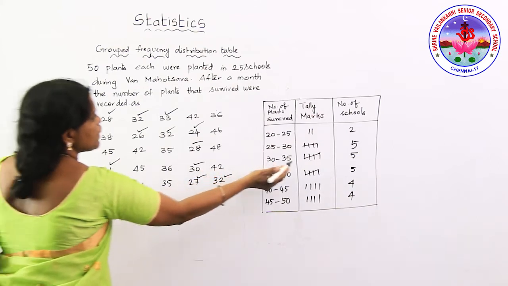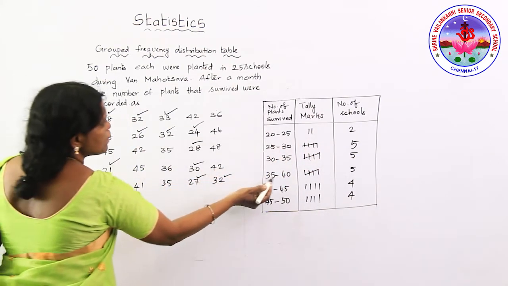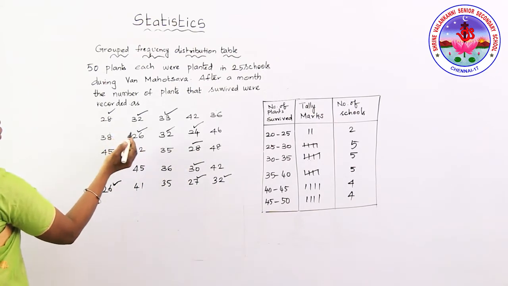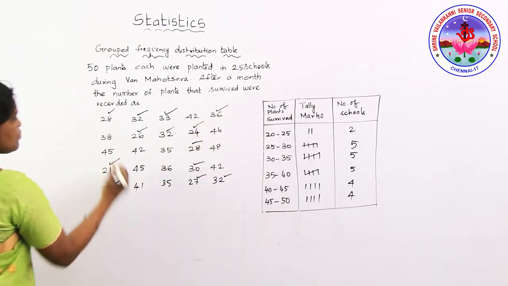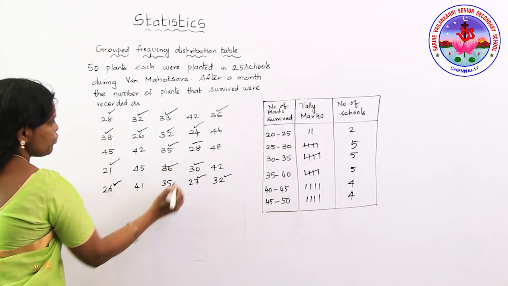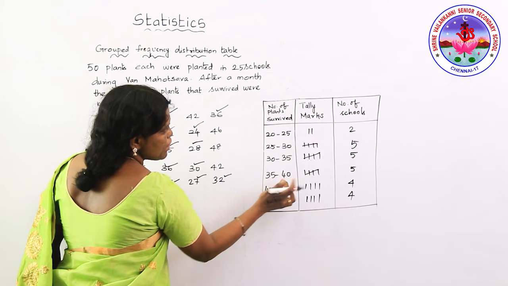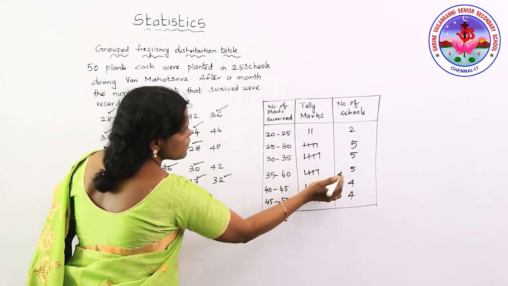Tally marks, 5 schools. Now we see the plants which occur between 35 to 40. So you have 1, 2, 3, 4 and 5. So under this 35 to 40 category, 5 schools fall.